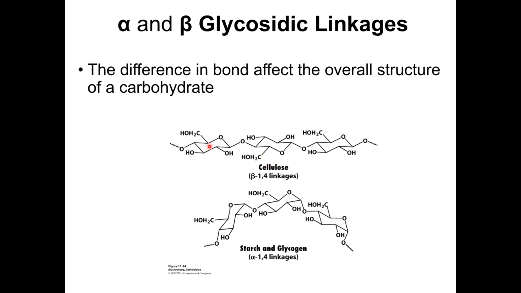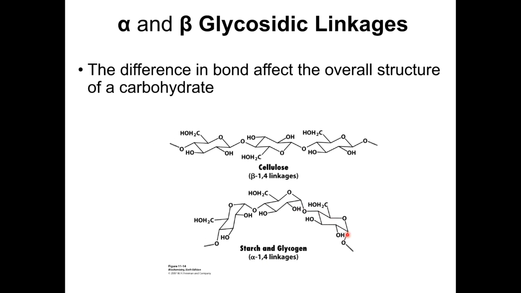Notice the difference. In this case, because they are in beta, the planes of the different monosaccharides, which are part of these polysaccharides, end up being in a fairly linear straight line. So they give origin to the linear structure. Whereas when they are in alpha, because of the orientation of that hydroxy group, which then ends up in the glycosidic bond, this gives origin to a turning, curved structure, which then turns around.